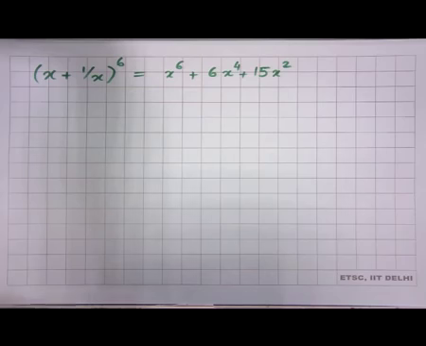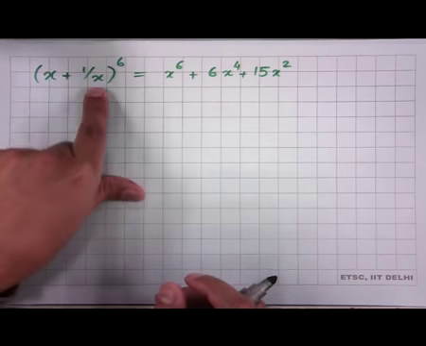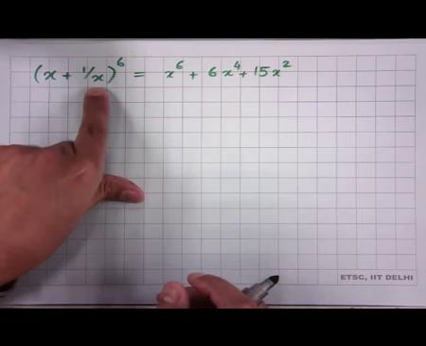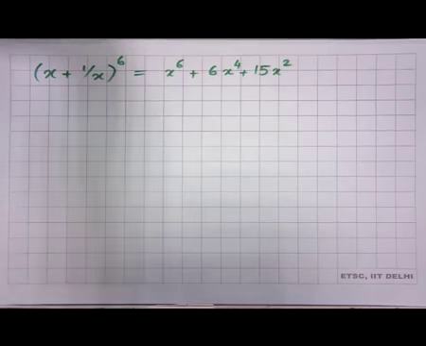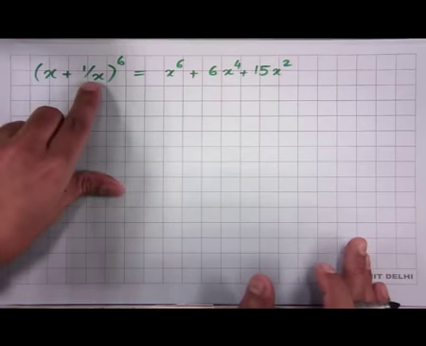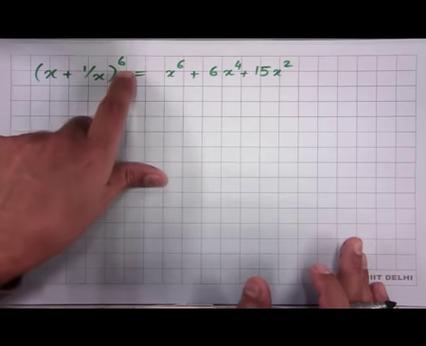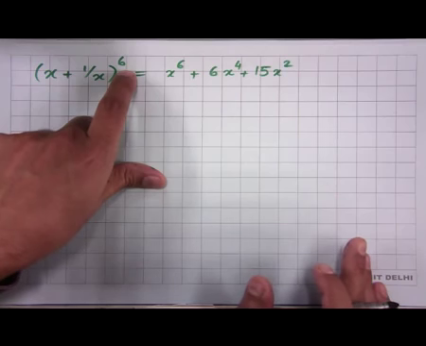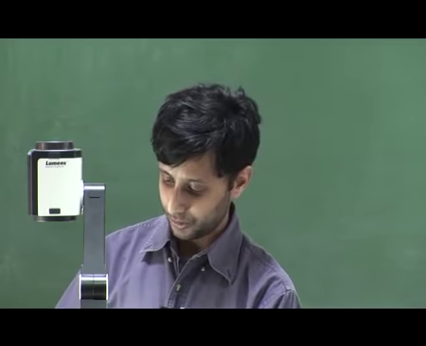Then the next time around you pick x 3 times and 1 by x 3 times, which makes it 1, right, no exponent at all. So, 1, and how many different ways can you choose 3 x's out of this? 6C3, that is 6 into 5 into 4 divided by 3 into 2 into 1. So, that is equal to 20.